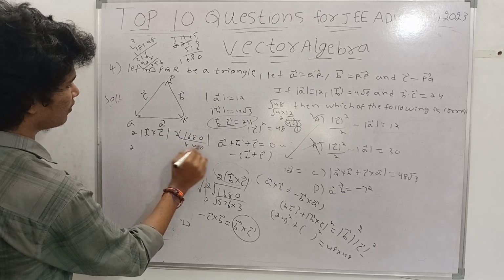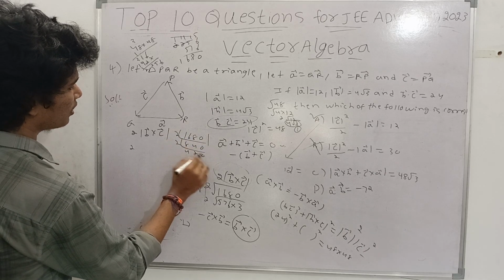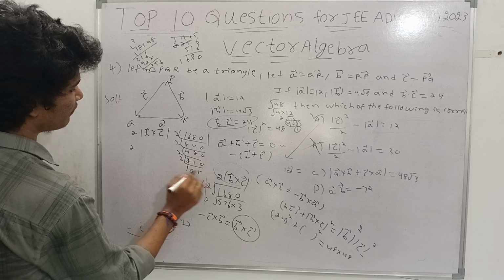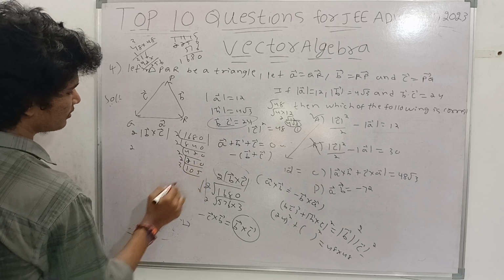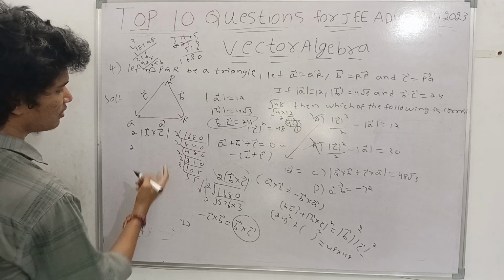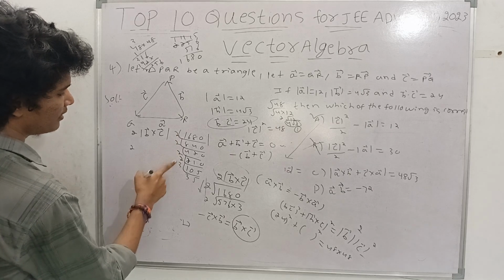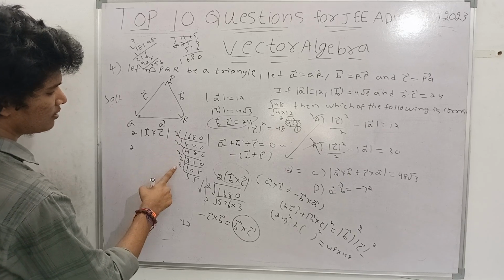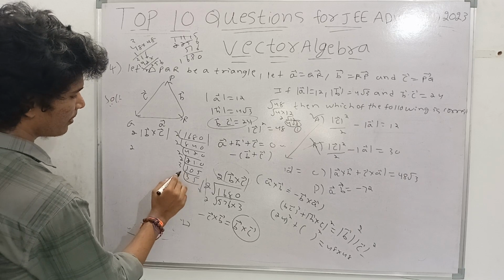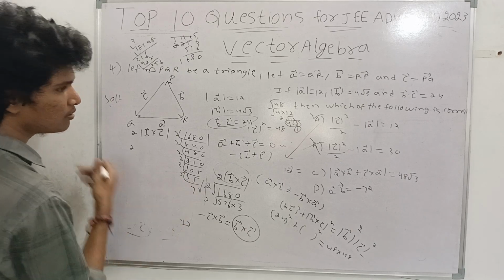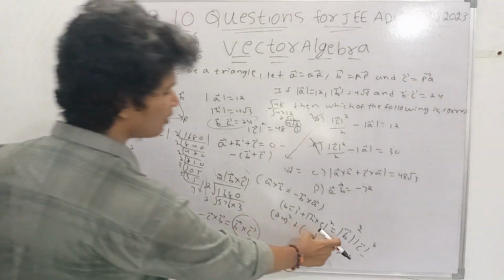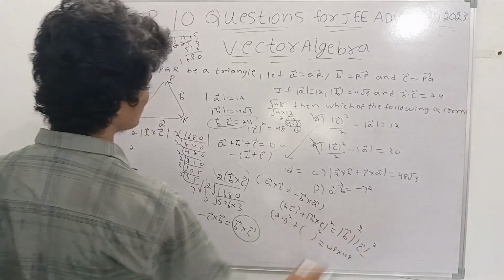Right side, mod B square and mod C square.